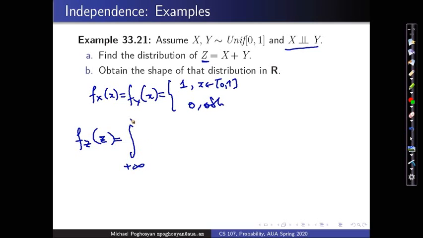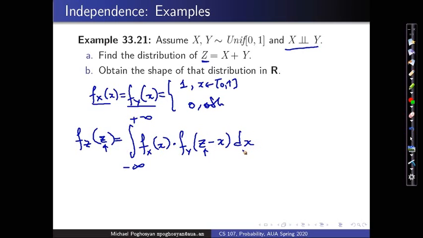Convolution is the integral from minus infinity to plus infinity of f X at x times f Y at z minus x, dx. So this is the convolution formula.